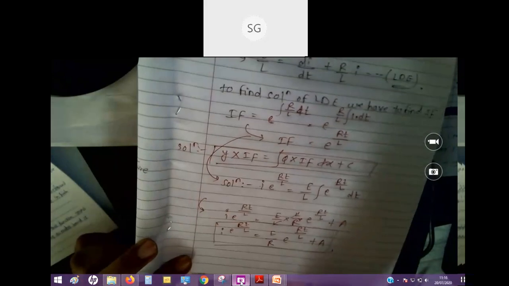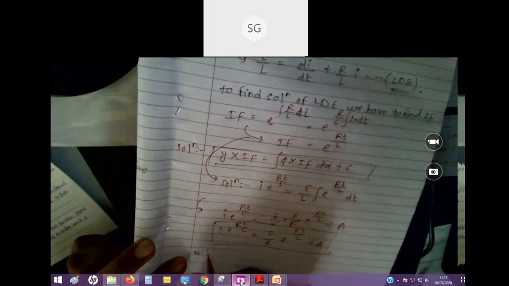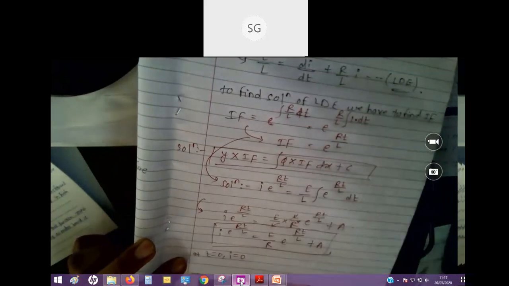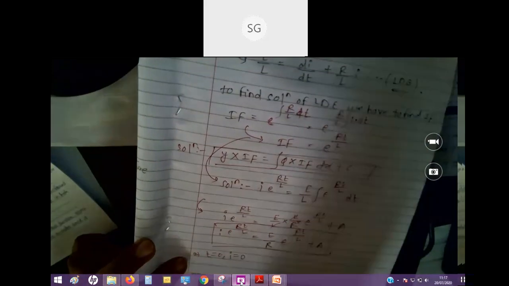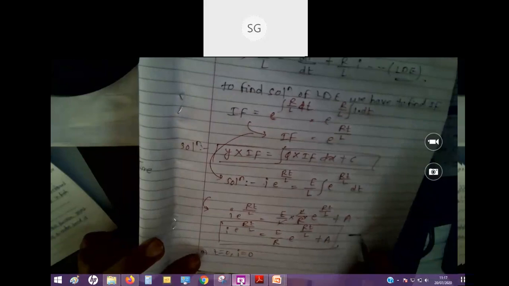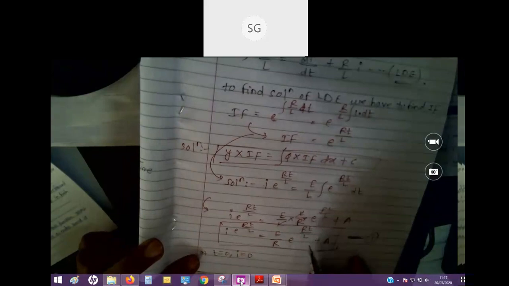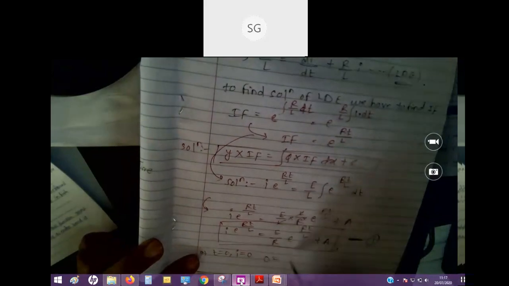But what they have given us is that at t equal to 0, I is equal to 0. Let's say this is equation number 1. Putting I equal to 0 and t equal to 0, we get 0 equal to e by r plus a, since e raised to 0 is 1.